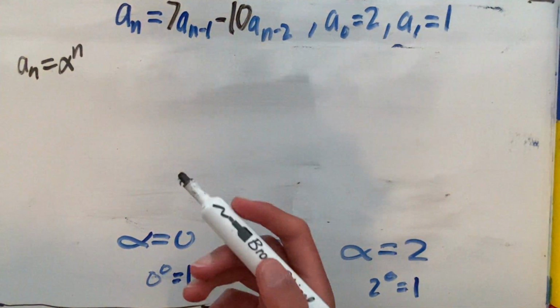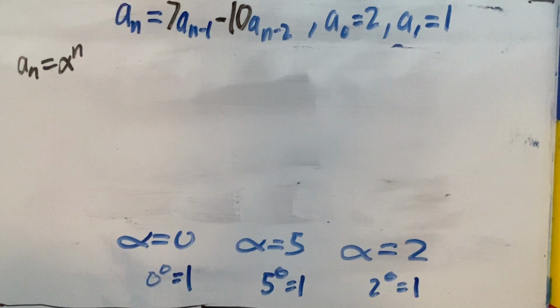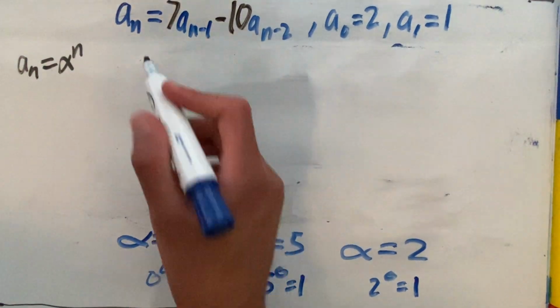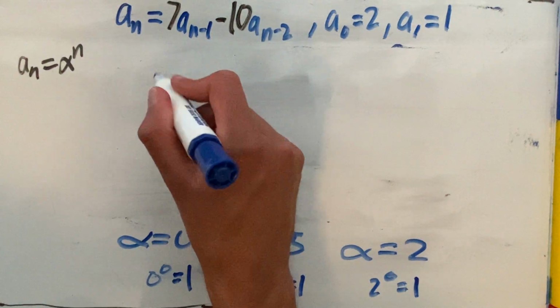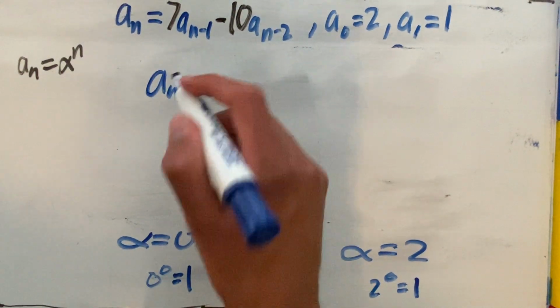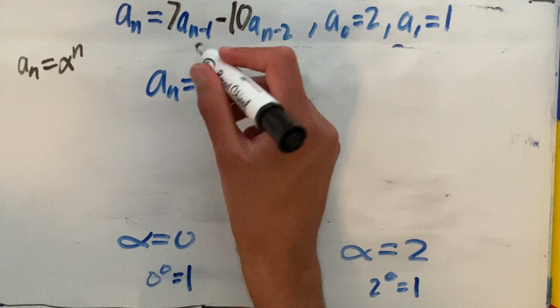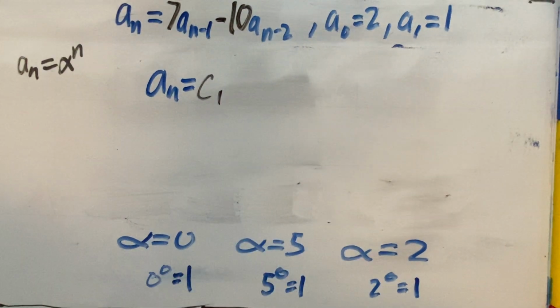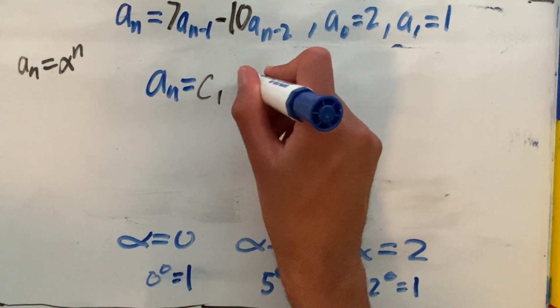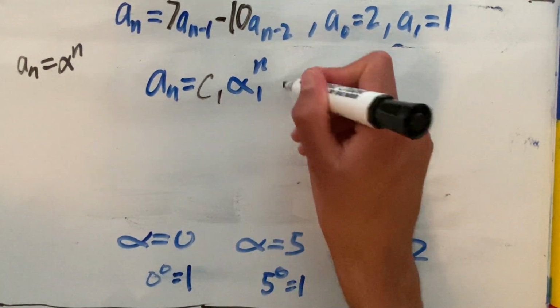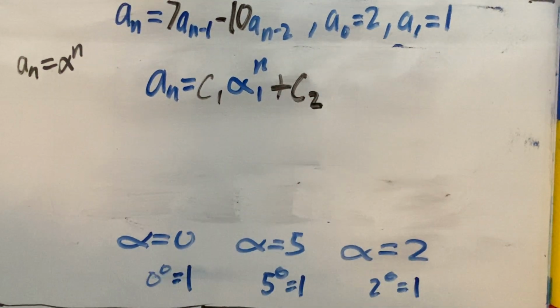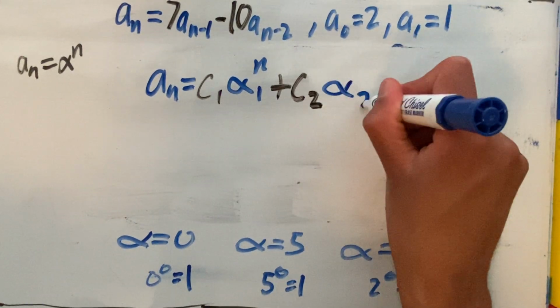First of all, the type of solution we're looking for is something like this: a sub n equals some constant, c1 times alpha 1 to the n plus another constant, c2 times alpha 2 to the n.